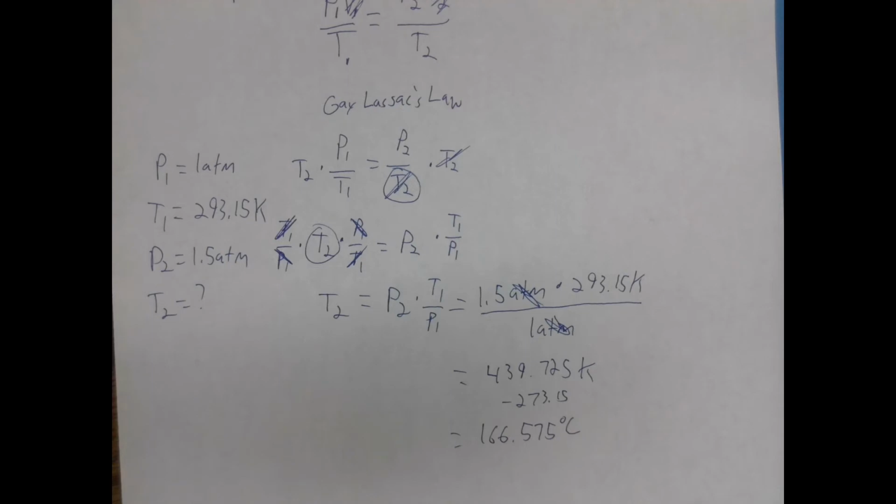For number 7, do chlorine to ethane. So the rate of chlorine to the rate of ethane. I'll go ahead and tell y'all this.